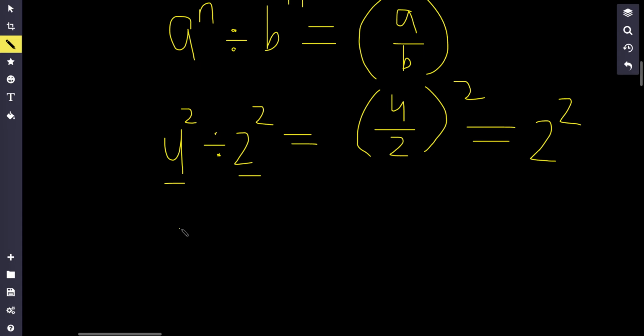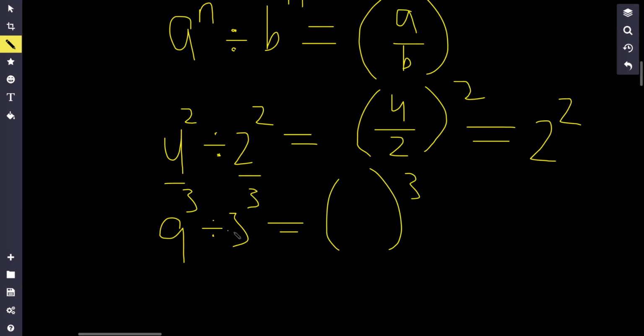Or if you have 9 to the third power divided by 3 to the third power, you keep the exponent and divide the bases together. 9 over 3 is 3, so that's going to be equal to 3 to the third power.